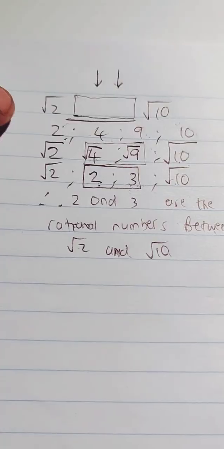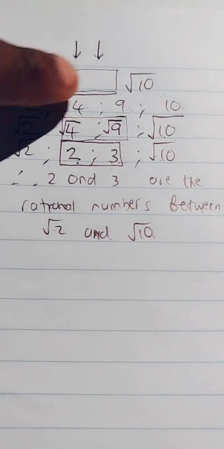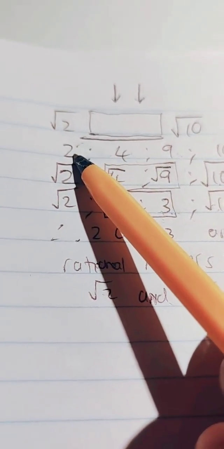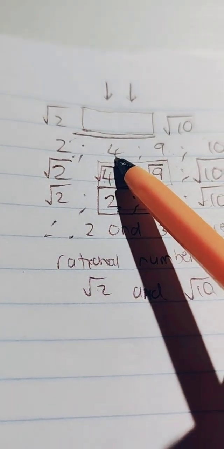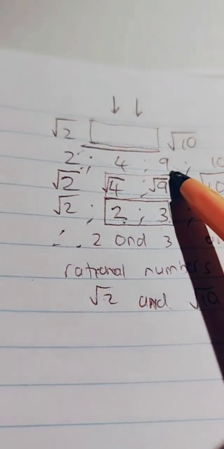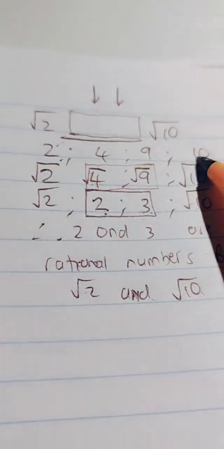First I wrote down the numbers without the square root, 2 and 10. Then I wrote down the perfect square number that comes immediately after 2, which is 4. And then the one that comes immediately after 4 is 9. Those are the two perfect square numbers that lie between 2 and 10.